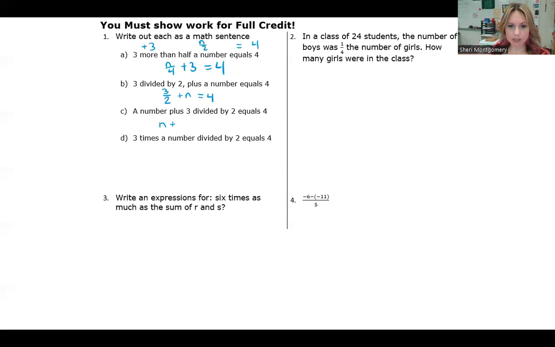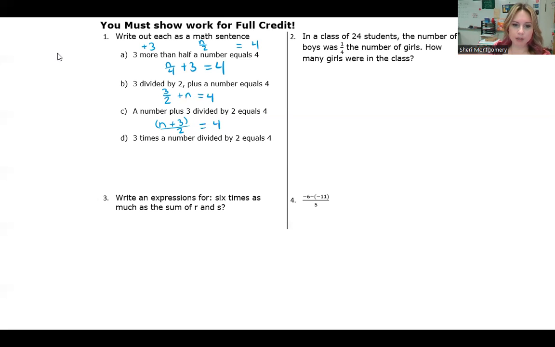So a number plus 3 divided by 2. So it's saying a number plus 3 divided by 2 equals 4. Some of y'all might have done n plus 3/2, simple fix.